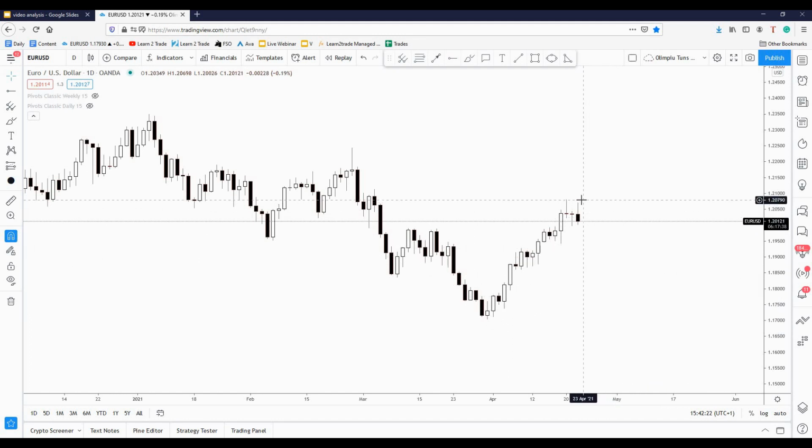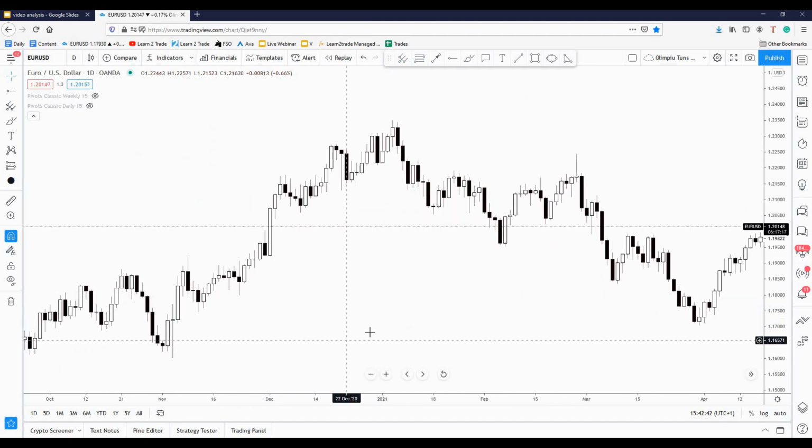It will be invalidated, this bearish pin bar, only if the price will jump and close above it. But personally, I believe that we may have a temporary drop here again after the price has printed this bearish pin bar.